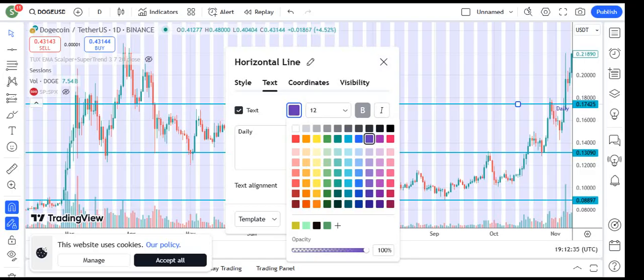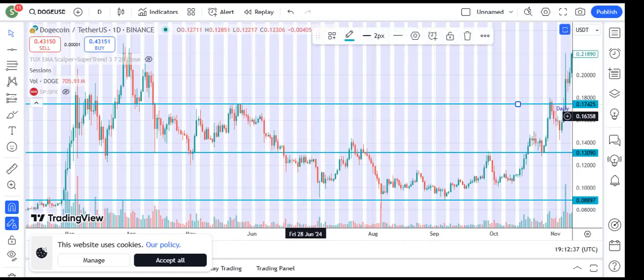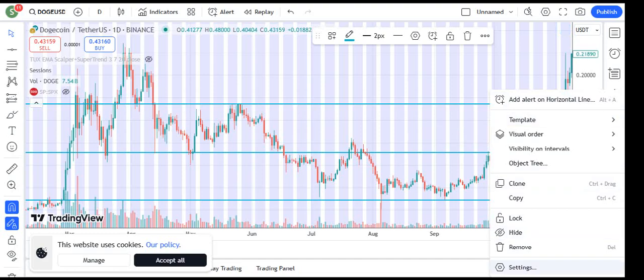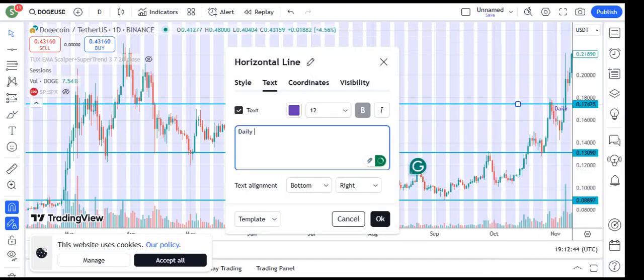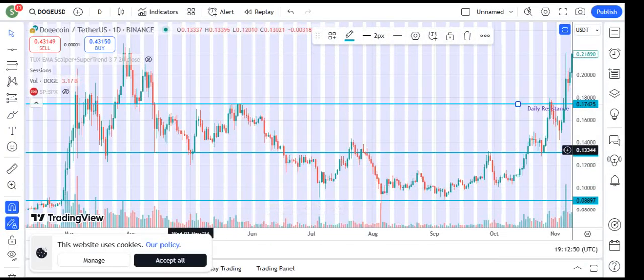Okay, so that's it. So you can see that's the resistance I've put there. Oh, I didn't tag it as resistance. Daily resistance, please. Daily resistance. Yes.